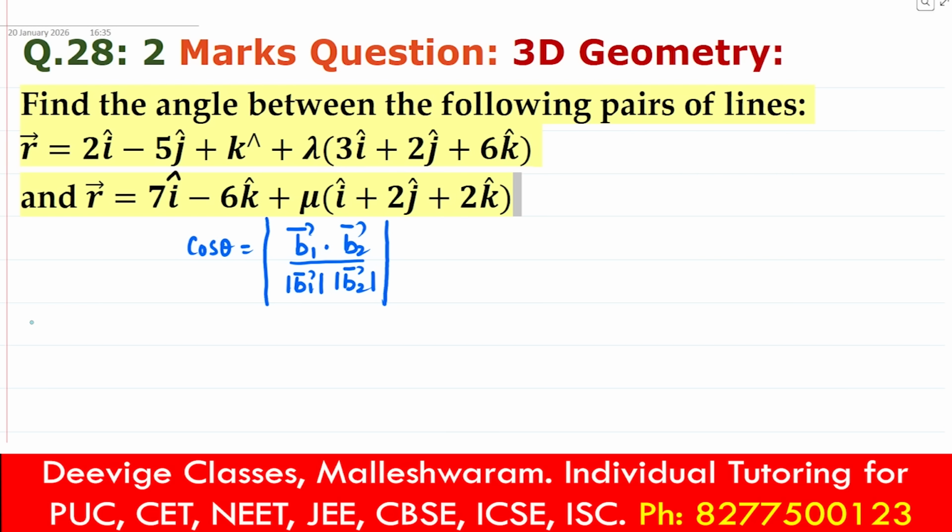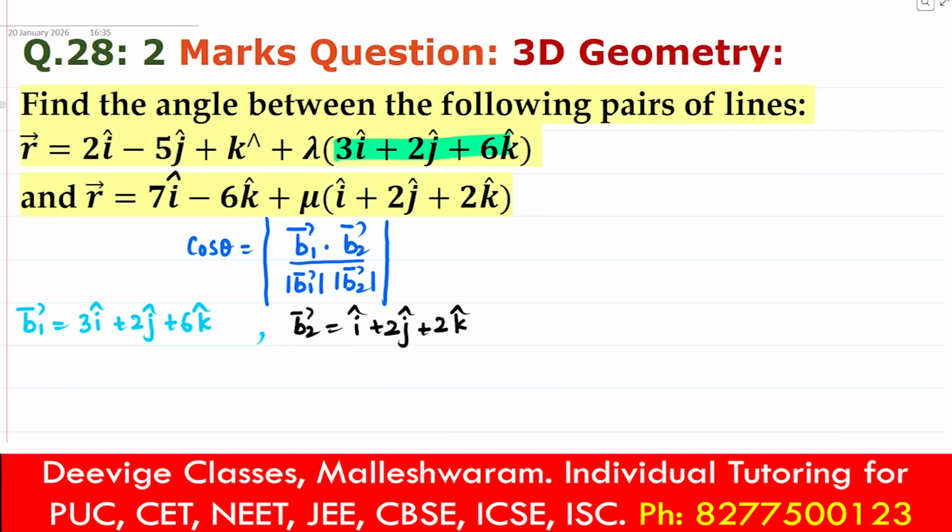So here the b1 vector is 3i cap plus 2j cap plus 6k cap, and b2 vector is equal to i cap plus 2j cap plus 2k cap.